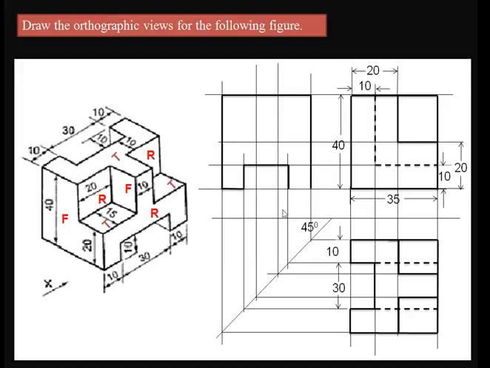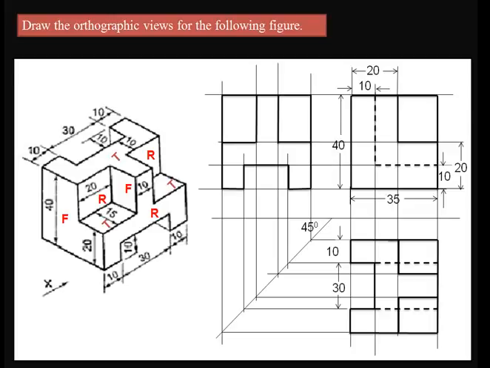Similarly draw a line vertically and a line horizontally, and some shape will be completed. Next I would like to show these two lines up to these two construction lines. These two lines represent these two edges of the object, and from these two points draw the two vertical lines. So automatically the required right side view will be completed.